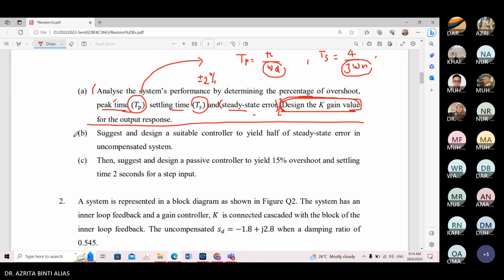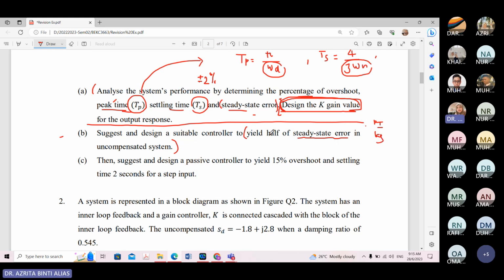Okay, next. B. Suggest and design a suitable controller to yield half of steady state error in uncompensated system. So this is our design requirement. The design requirement is based on the steady state error. Remember for the steady state error, we can choose the PI or lag.